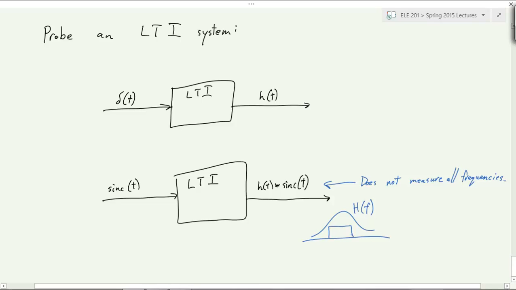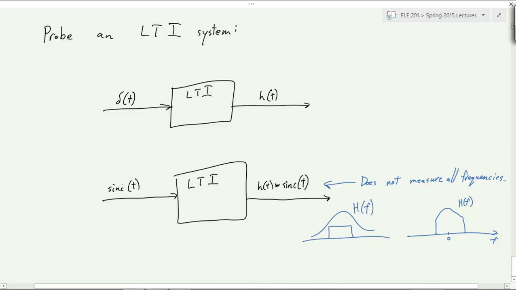By getting out their product, that means we only get out something that looks like this. Well, that's going to teach us what h(f) is for low frequencies. We can recover h(f) for low frequencies from that, right? But we know nothing about what the high frequencies were. Okay, so sinc(t) is not a sufficient probe.